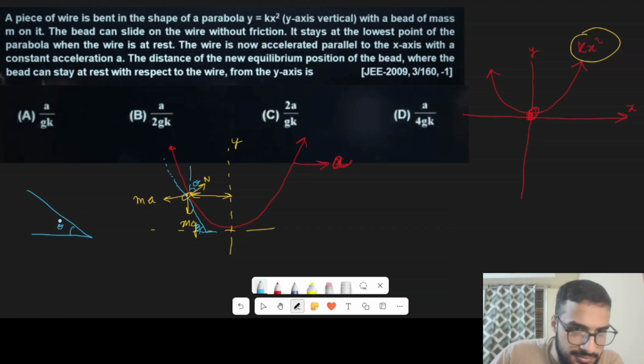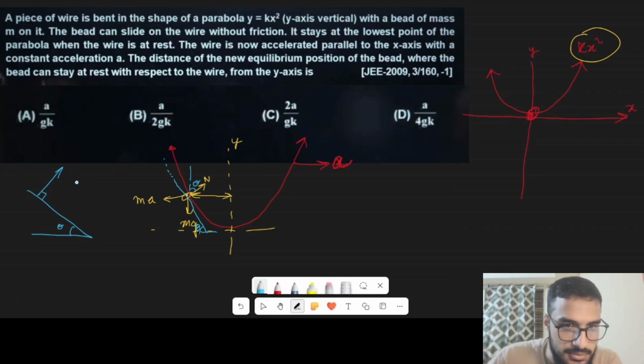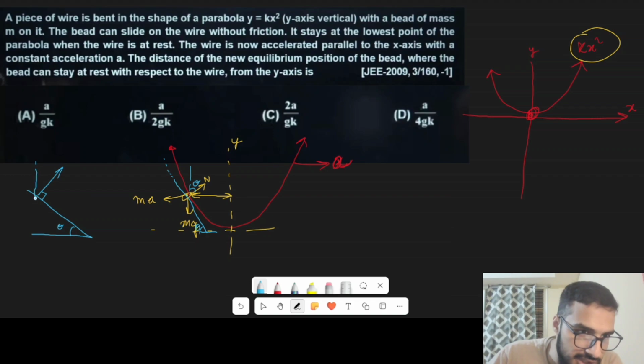This was theta and there was one normal that was perpendicular to this. This was the normal. If you make one more vertical axis here, and this is also 90, this is what? 90 minus theta.